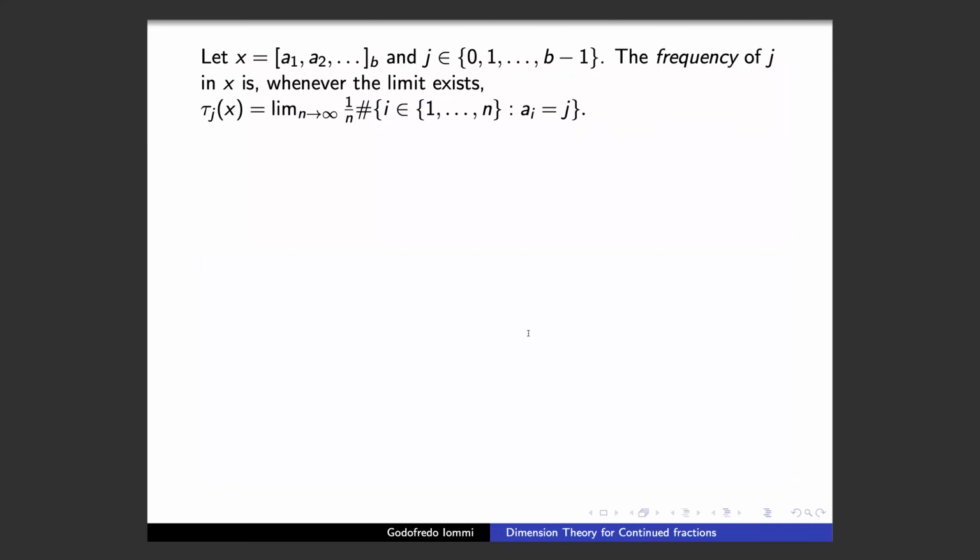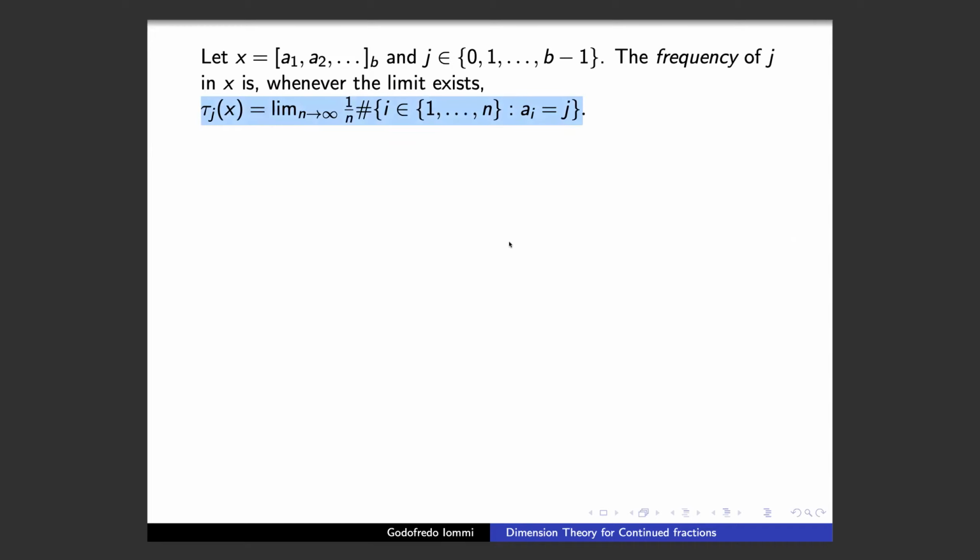You pick any number and you expand it in base B. You choose any of the possible digits you can obtain, and you define the frequency of appearance of that digit in the expansion in base B of that number x as this number tau j.